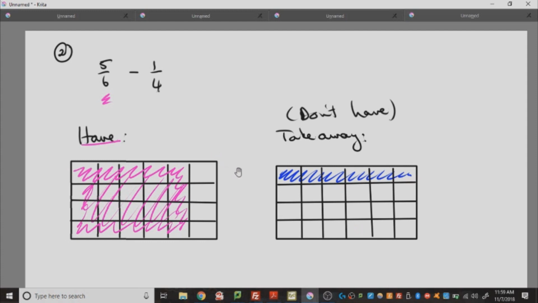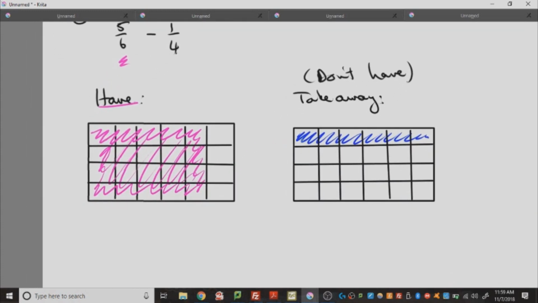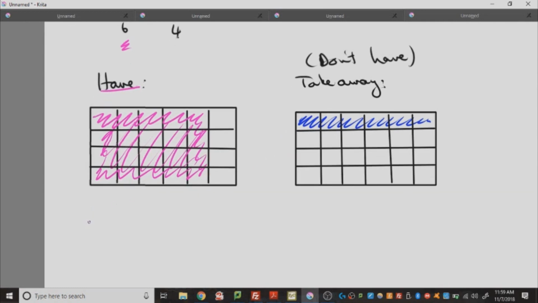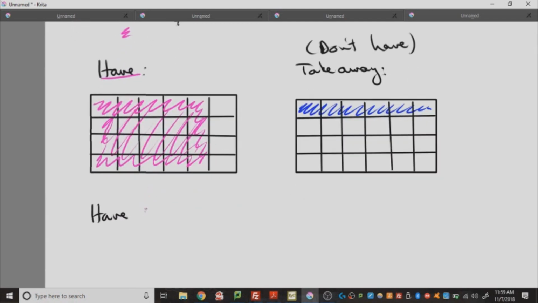So I'm trying to take away. Now you can write more for sure. You could say I have 1, 2, 3, 4 times 5. I have 20 pink little sections.